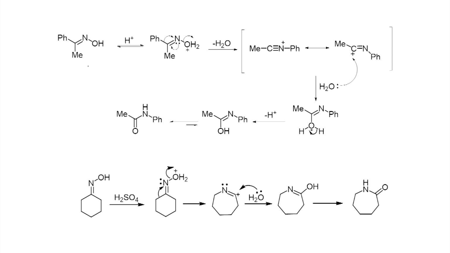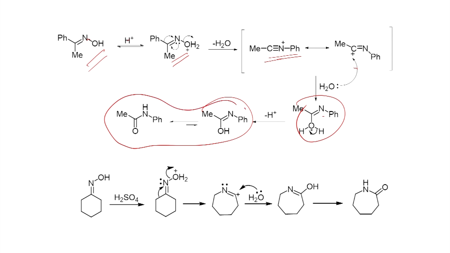The mechanism of this reaction is shown. Protonation of this can give this intermediate, which can lose a water molecule. You will be able to form the cation intermediate. Now this cation can react with the water molecule, and you will be able to have this amide as a product.